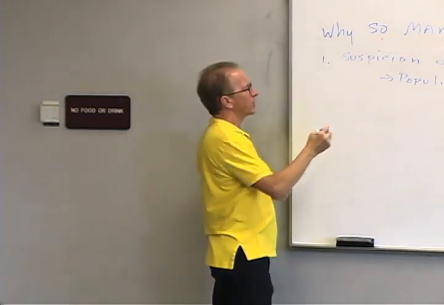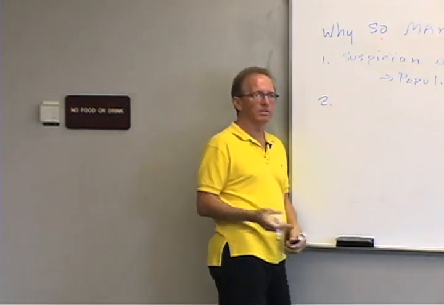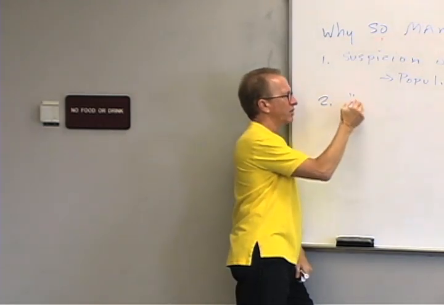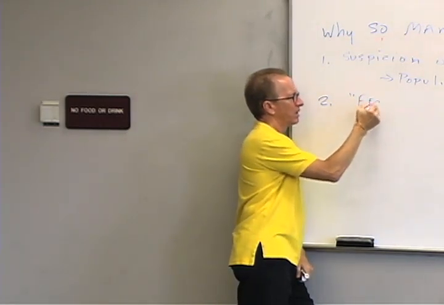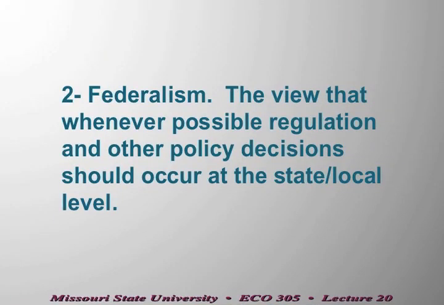Okay? And then there's this other tendency that is American in nature, and I'll just use the term federalism. The idea of federalism is this, is that government should be controlled by the people that it is governing.